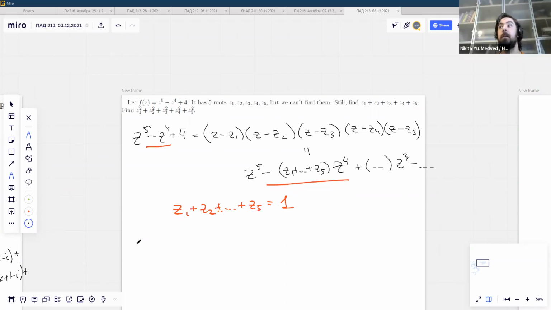You should have studied in school the particular case of Vieta's formulas for n equals 2 when the polynomial is quadratic. This is a generalization. For any power, in fact, there exists such a set of formulas. They're called Vieta's formulas.